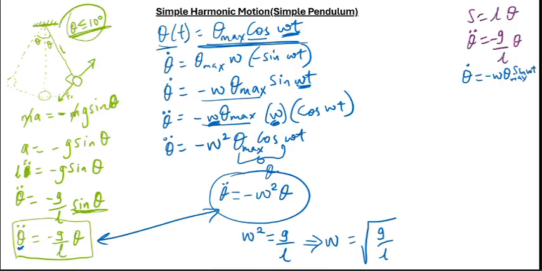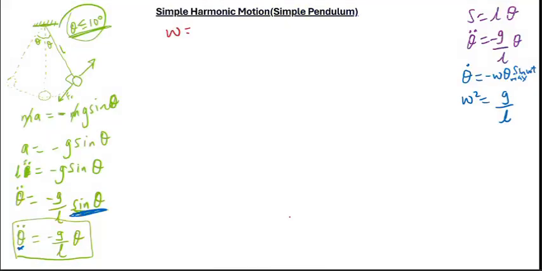But mind you, it is only approximately equal to the square root of g over l because we approximated this function. We know that omega is equal to 2 pi over T, which is T for period, not tension this time around.